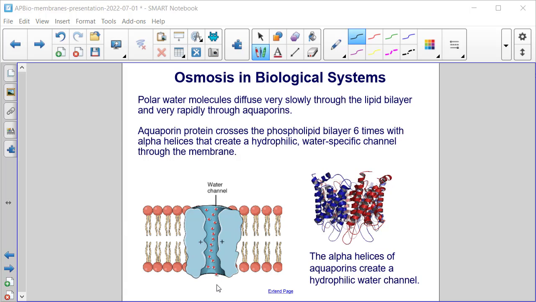It's a channel for the water to be able to go through, because remember, the inside of the bilayer is hydrophobic. So water can pass through, but not very easily. But if we make a channel that has a hydrophilic inside, then the water can pour through. The alpha helices of aquaporins are what create the hydrophilic water channel.